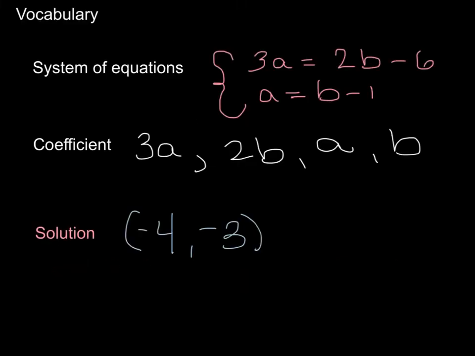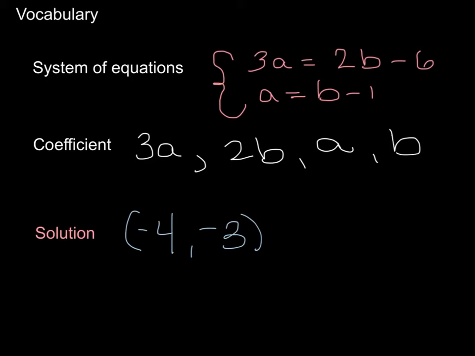Okay, so big things that I want you to walk away with are some vocabulary. These are things that we didn't talk about specifically in class, so I want to give them to you now. We've got systems of equations. Whenever I have multiple equations put together in one problem, I call it a system.